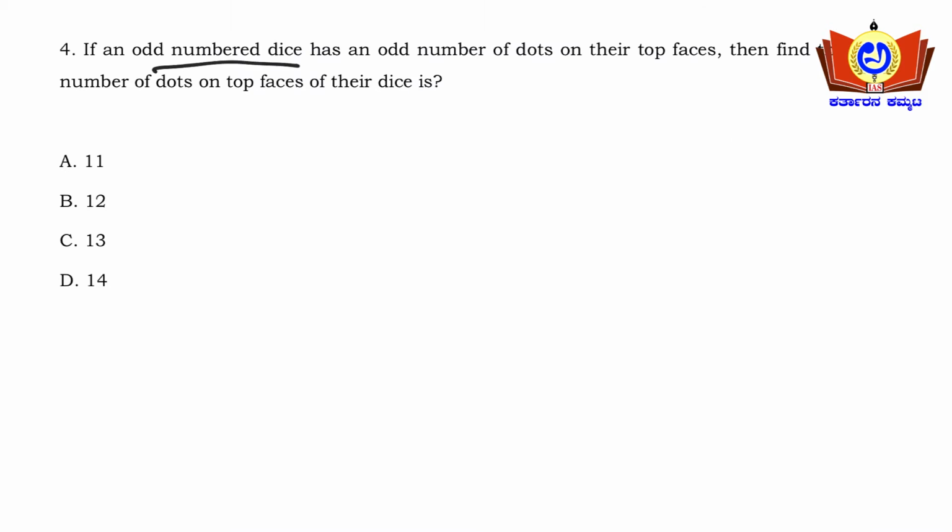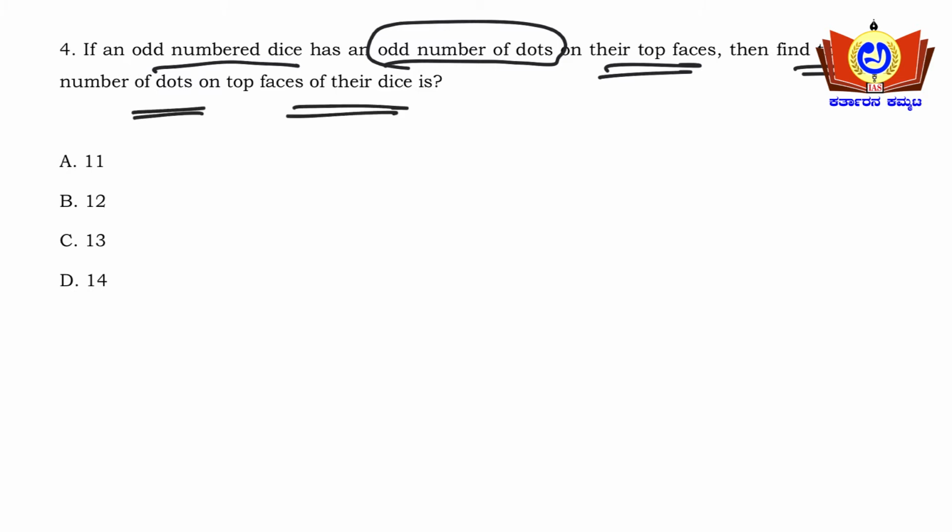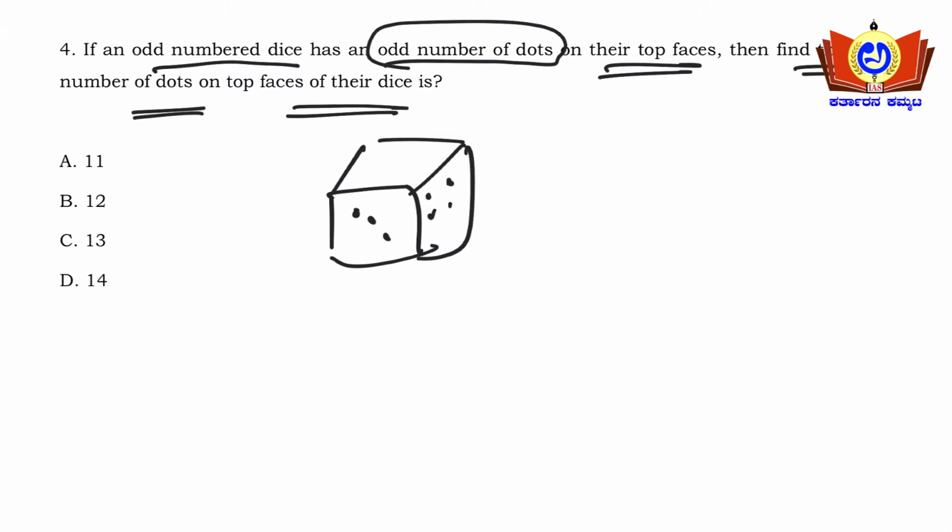If an odd number dice has an odd number of dots on their top faces, then find the total number of dots on the top faces of the dice. In the previous question it was asked of even number dice. So odd number dice means the first dice is here, it's shown like this, the 1, 3 and 5 dice. The first dice is 1, 2, 3 dots and 6 dots, 1 2 3 4 5 6.